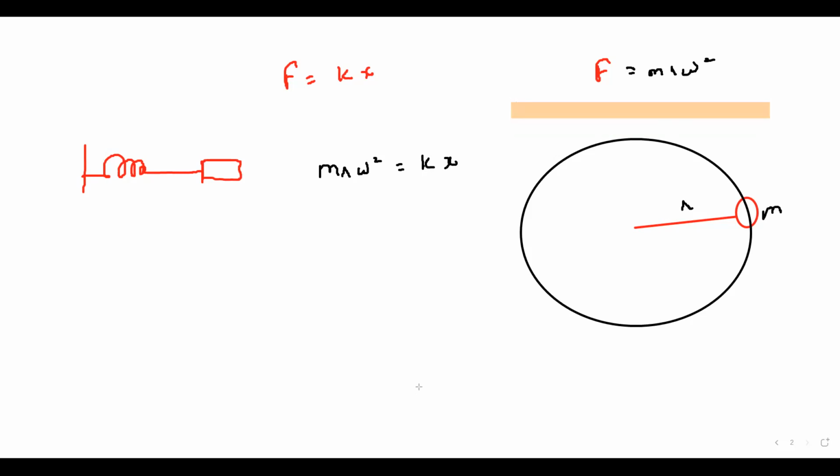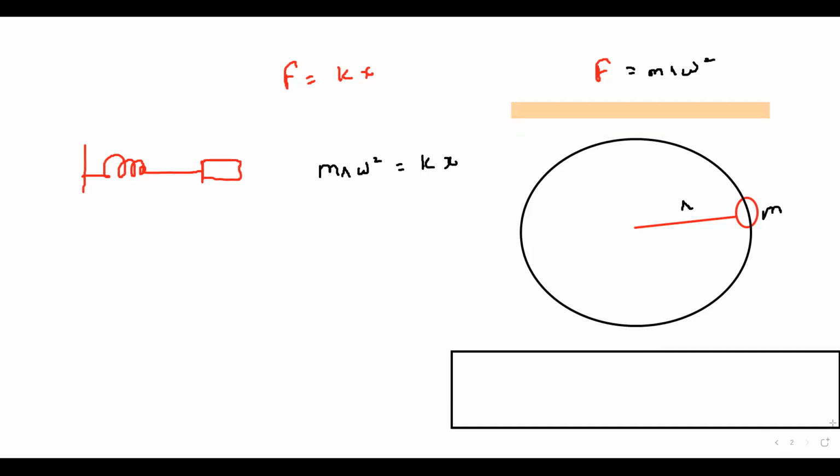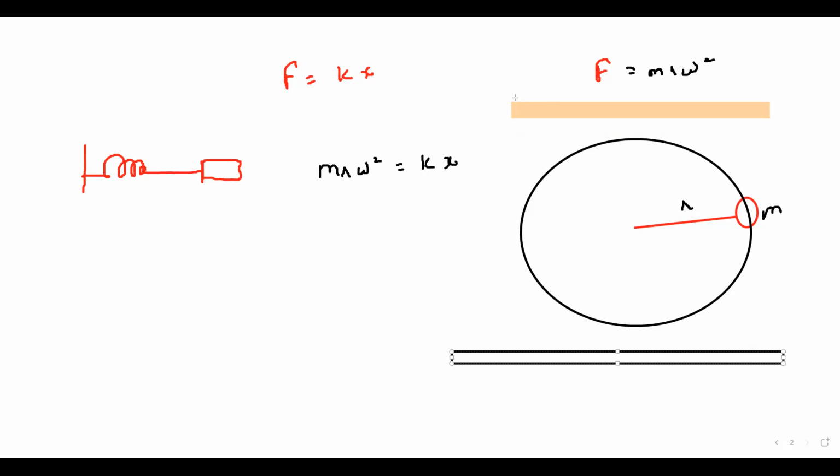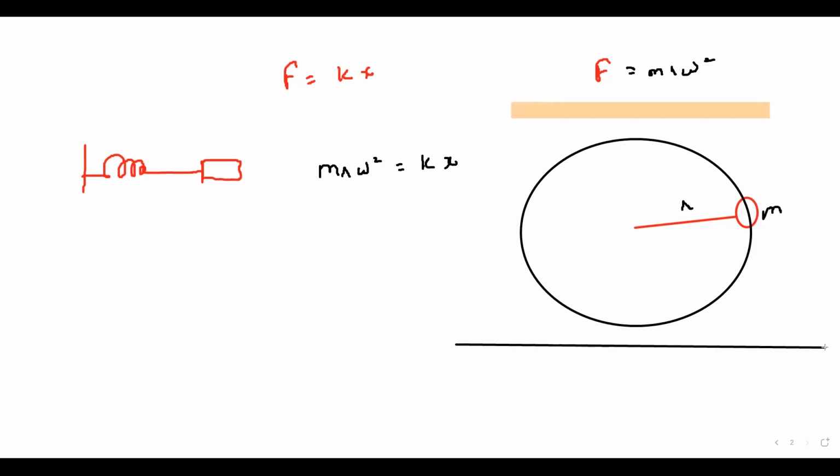We have a screen at the bottom, and on the screen we see the projection of this object, or the shadow. When the object is at position 1, its shadow will be here.